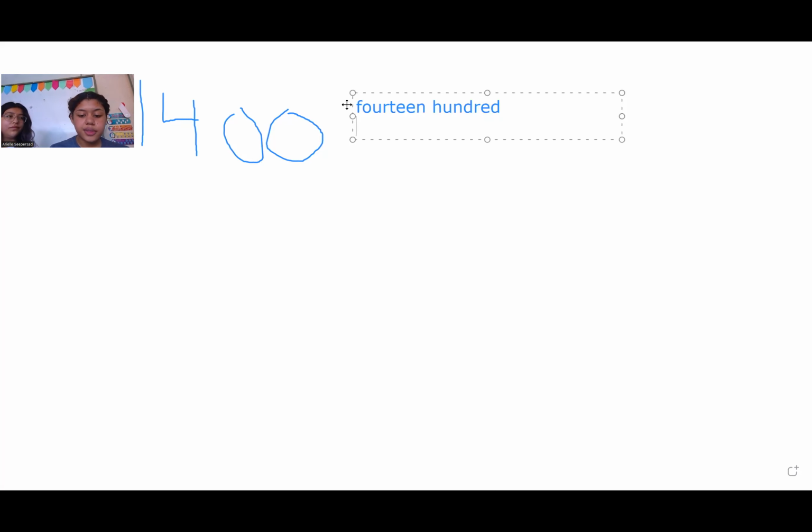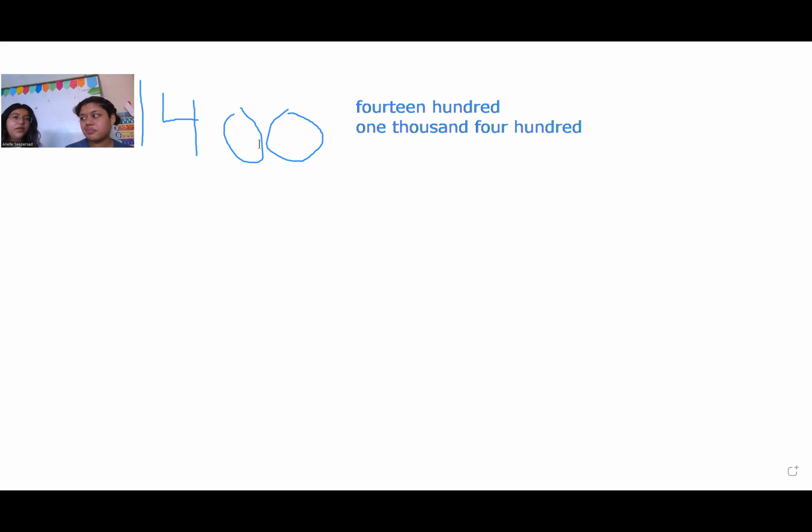And then that can also be written as 1,400. So usually this is for like the years, like the year 1,400. For years, a lot of people use it when they're talking about money. They'll say 14,000, 15,000. It's just a very casual way to use some numbers. You might not hear it all the time, but there are some people who still like to say their numbers like that.